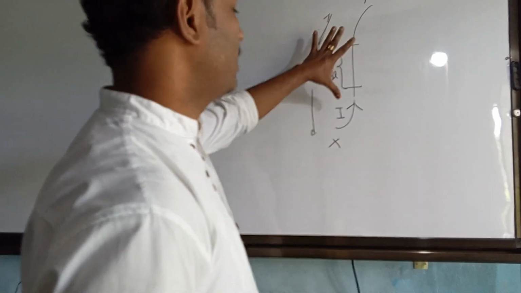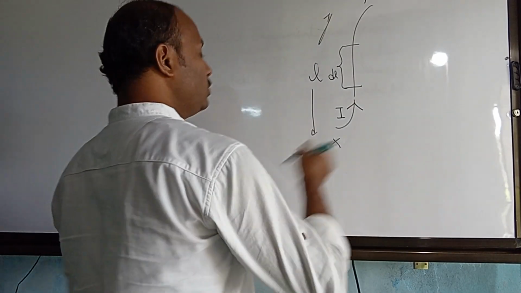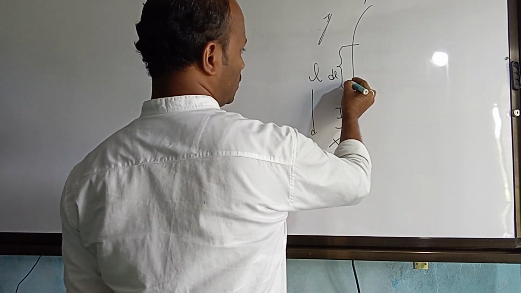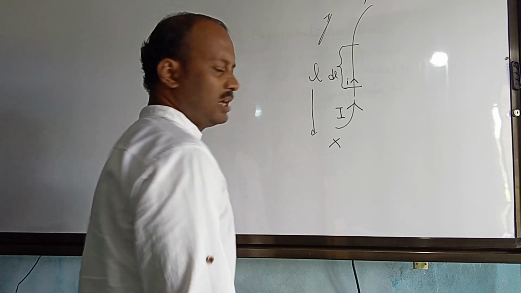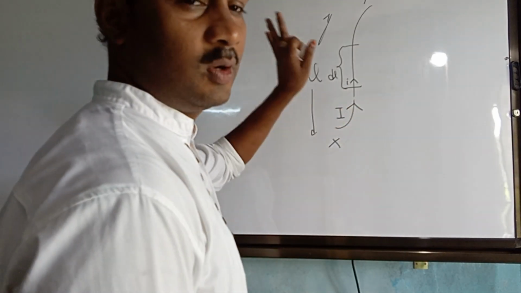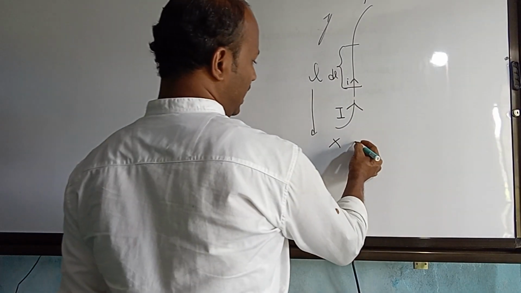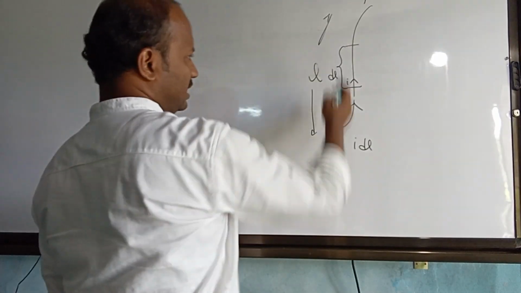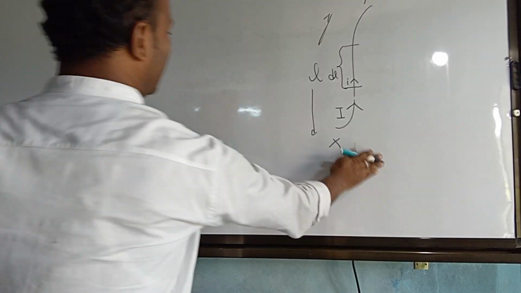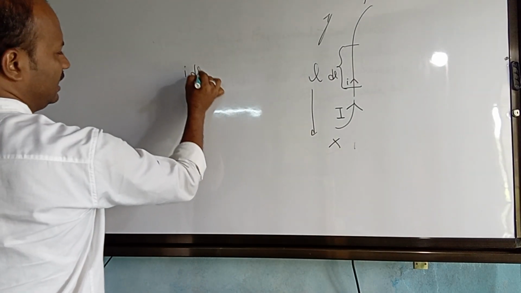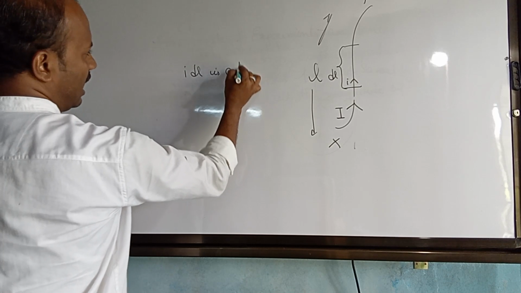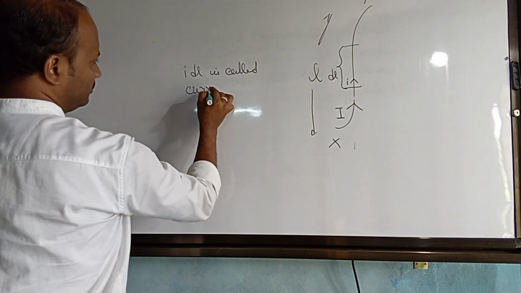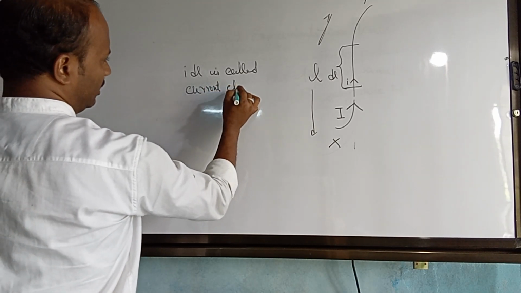We take a small part of this conductor and assume the current passing through this small part is I. So here I into dl, current into the segment of this particle. The I dl here is called the current element.